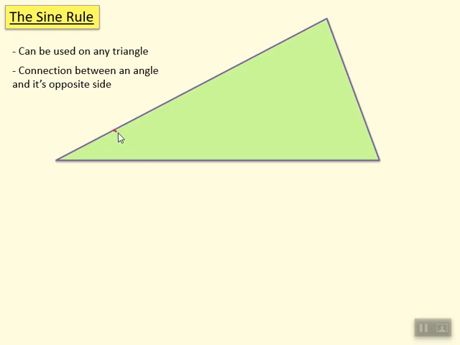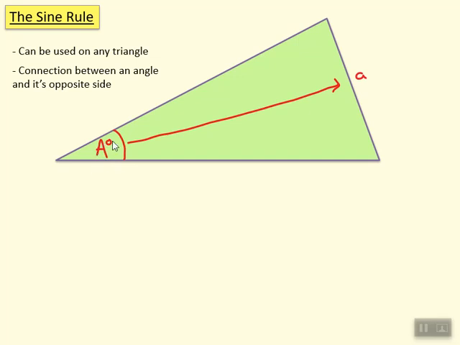Let's say I know this angle here, or it doesn't matter if I know or not, but let's label that capital A. Angles tend to be labelled with capital letters. So let's call this angle A, and the opposite side to that, we'll label little a. So in the sine rule, this is how you label the sides.